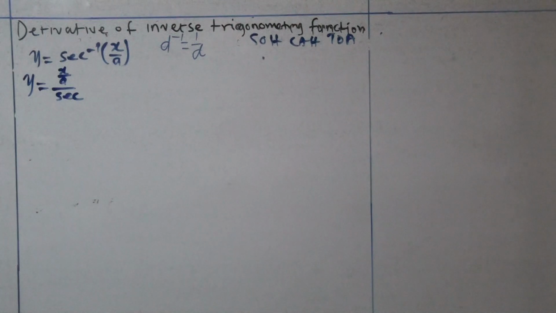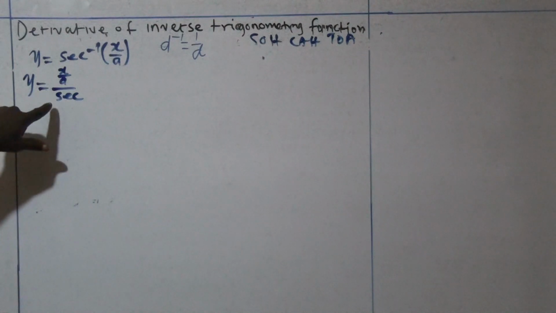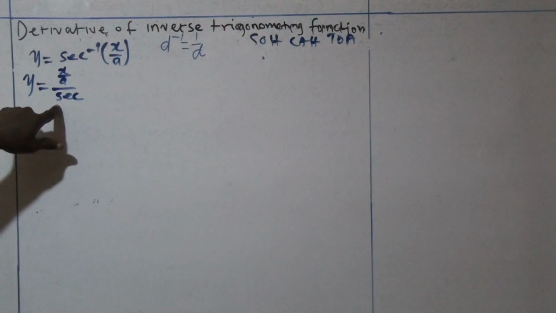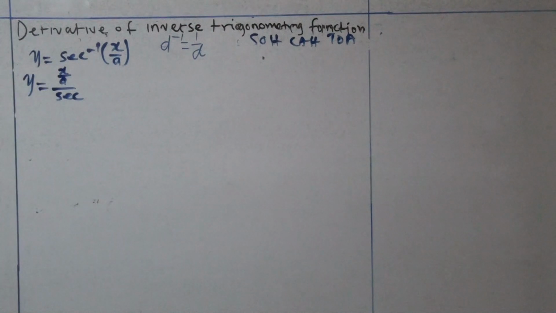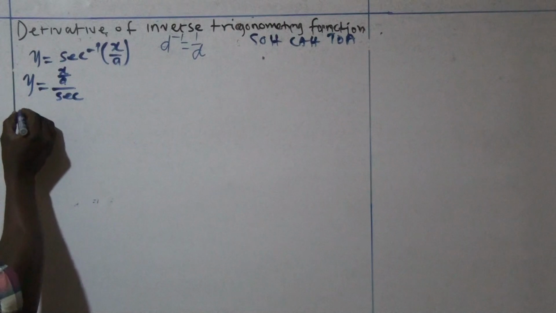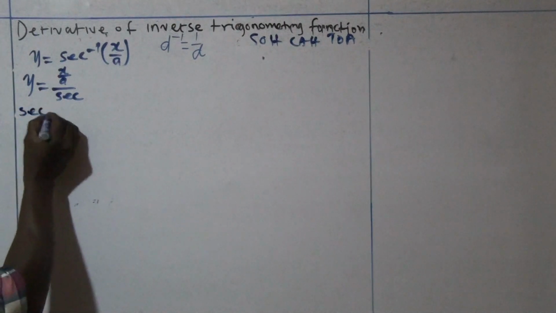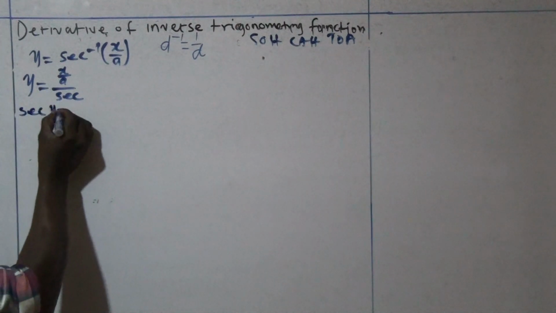Our interest here, first and foremost, will be to make x the subject of the relation, or express sec as a function of x. We multiply both sides by sec, so sec times y will become sec y.